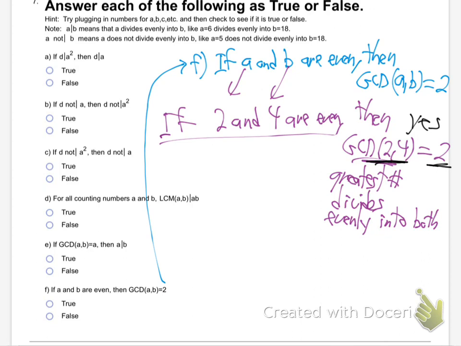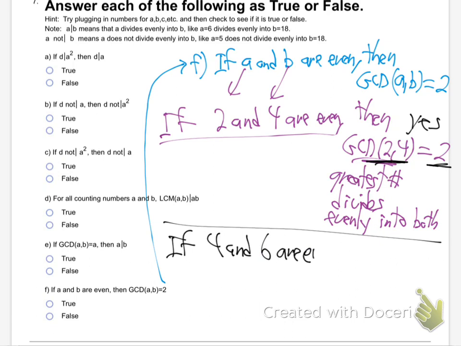Should we go with true? No, remember we got to test it further. This is not always true. Let me prove it to you. How about 4 and 8? 4 and 8 are even, right? It says then the GCD of 4 and 8 will be 2.